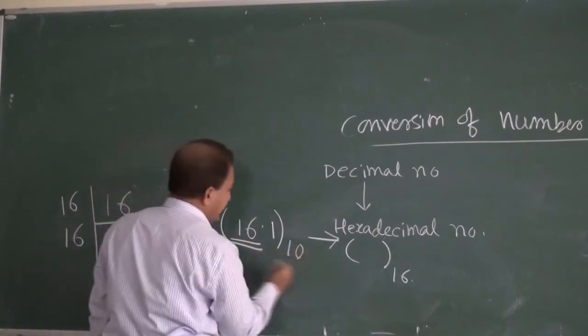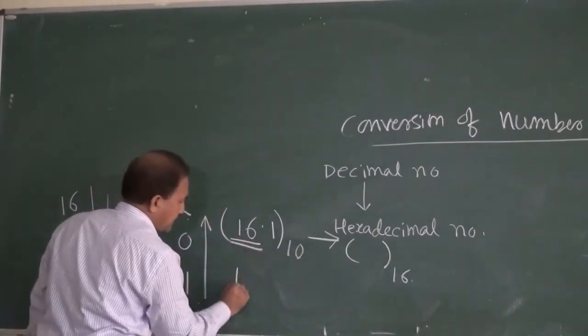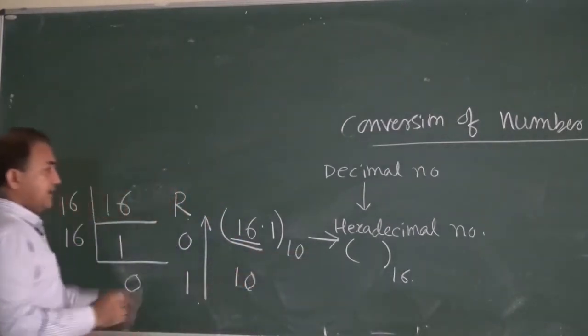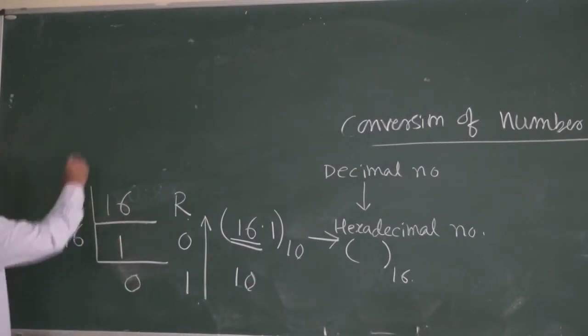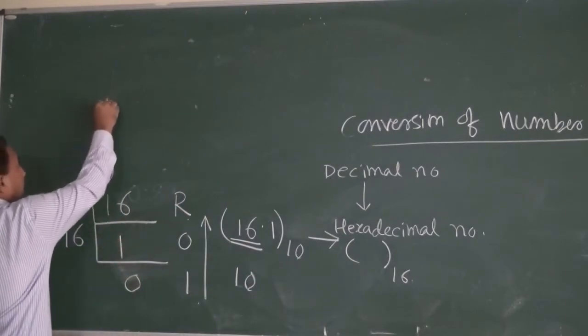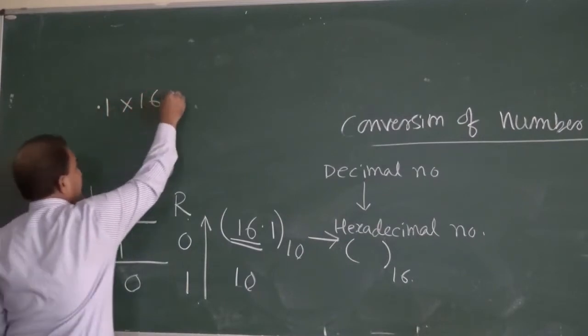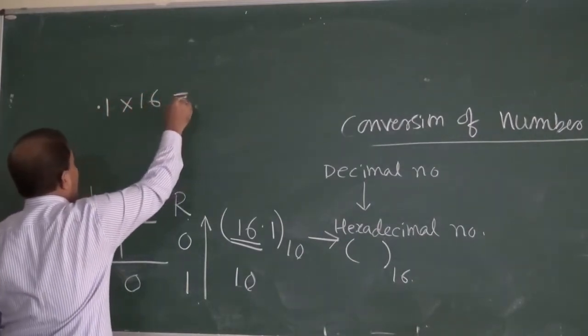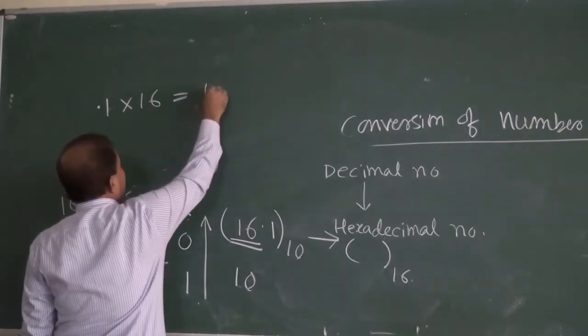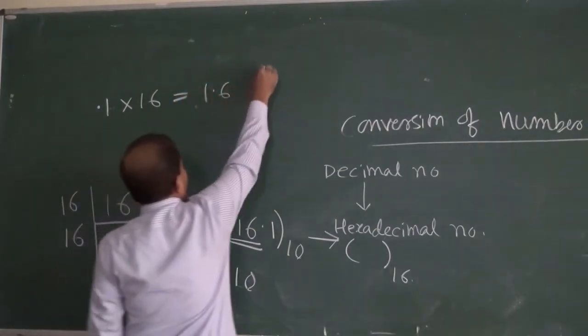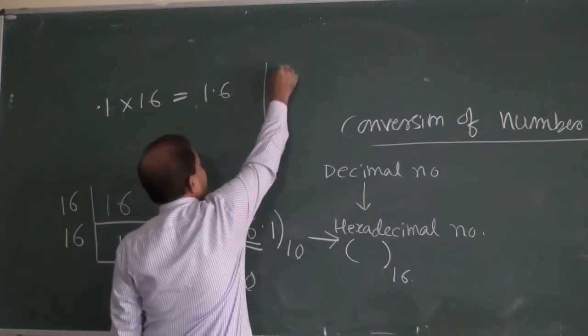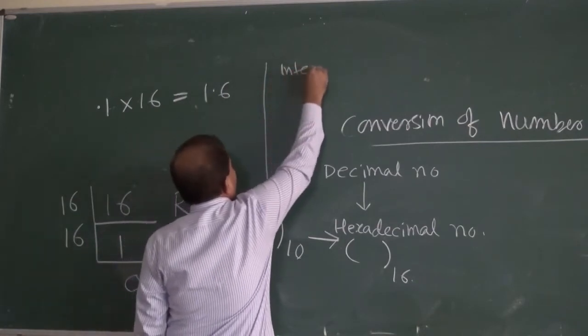So for 16 you can write 1, 0, and for 0.1, multiply it by 16. It is equal to how much? 1.6, and you have to remove the integral part.